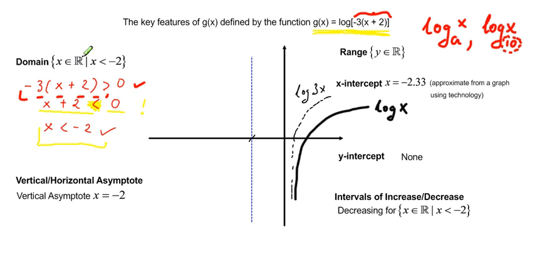So this is why the domain now is defined as a set of real values such that x is less than negative 2. Okay.